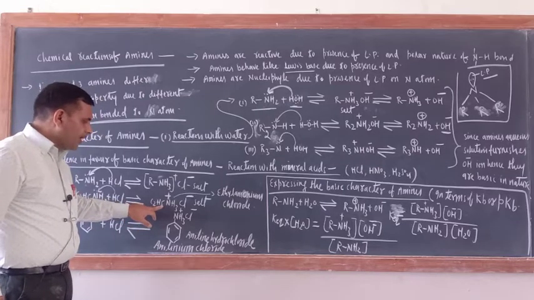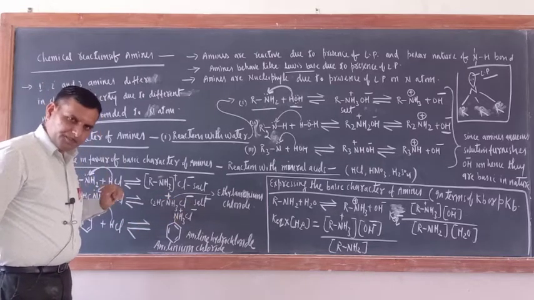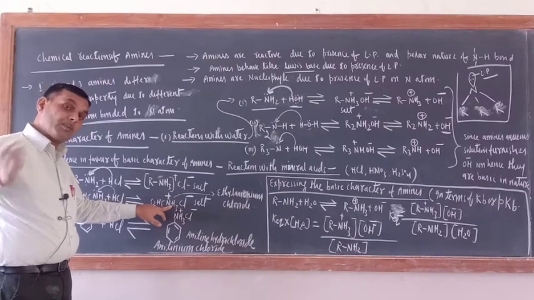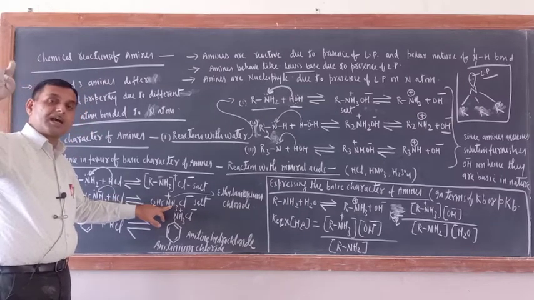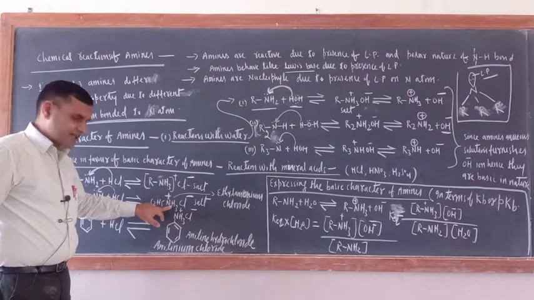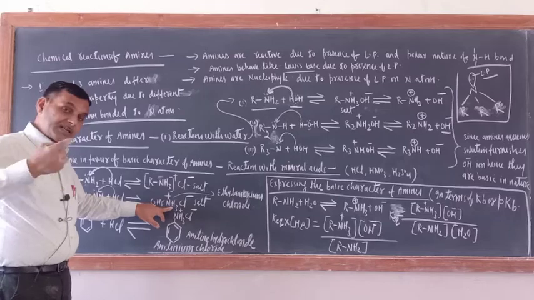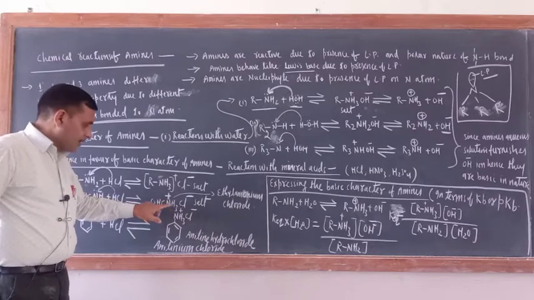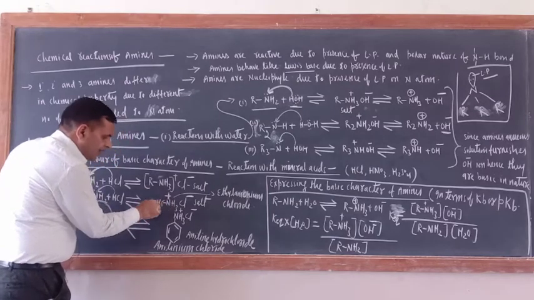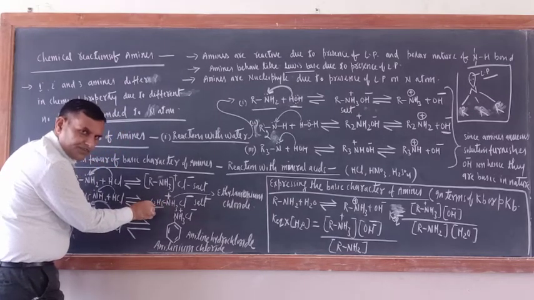Ethyl ammonium chloride. Now NH2 is getting converted into an ammonium ion. Actually ammonium is NH4 positive, but this is NH3, nevertheless I am telling ammonium. Why?